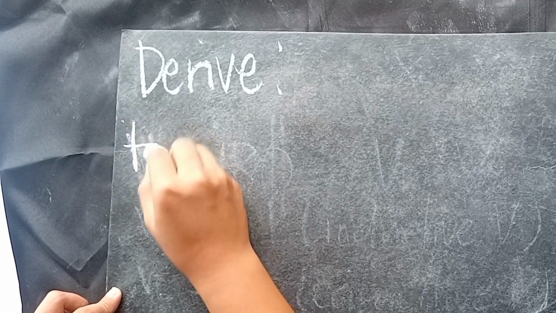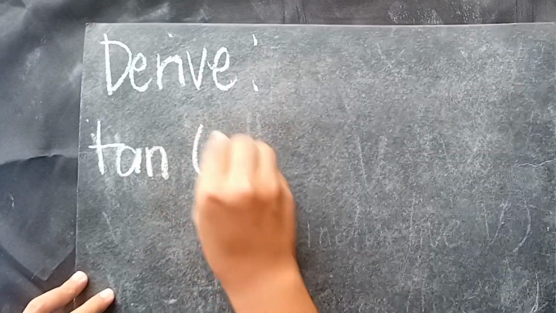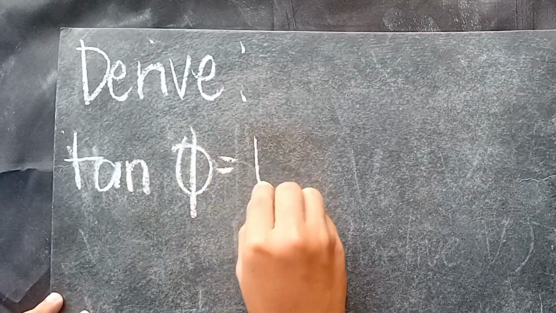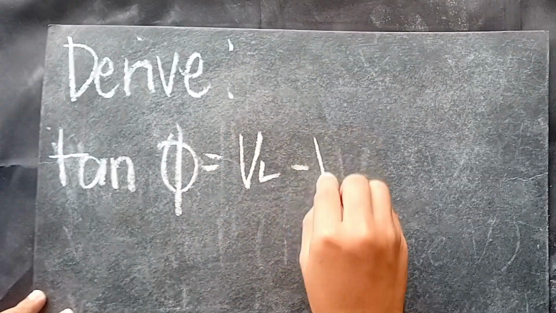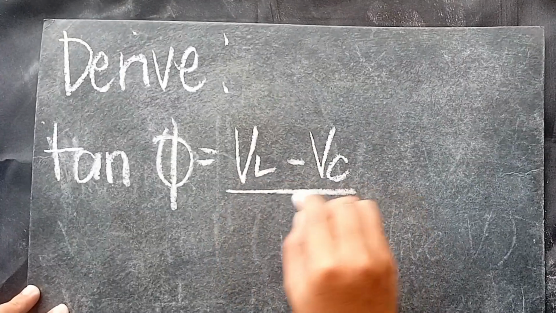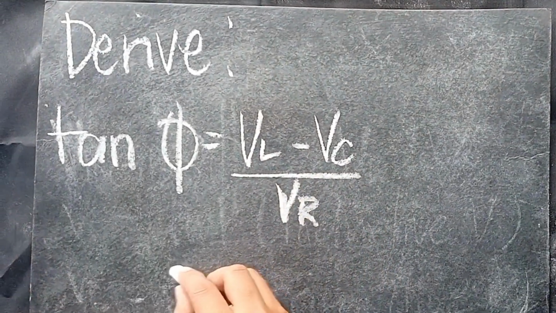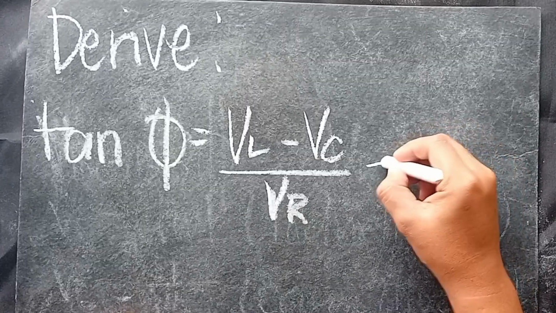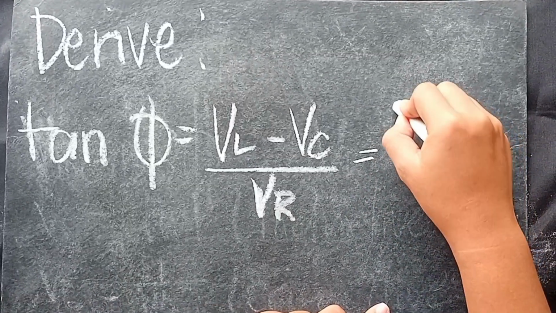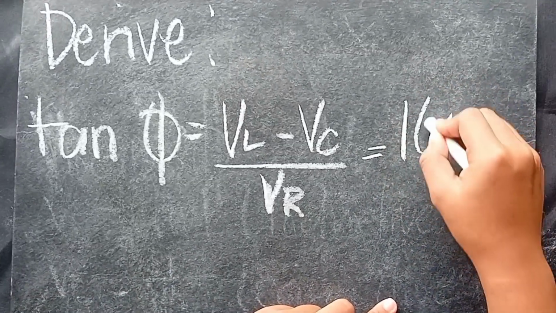Okay, now, let us derive the formula of voltage amplitude to get the phase angle formula. So, tan phase angle is equal to VL minus VC over VR ang imong ibutang. Ang equivalent na lang ani ang imong ibutang, which is your current I XL minus XC over IR.